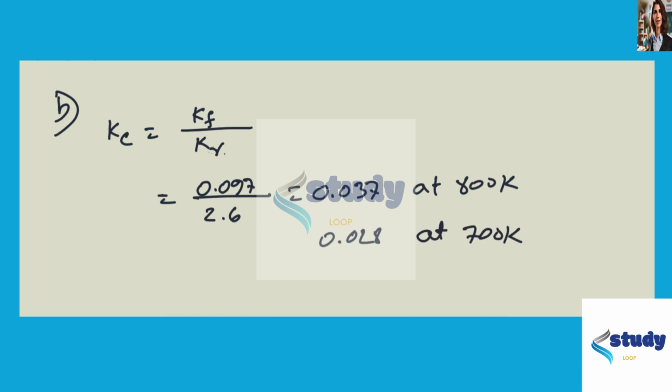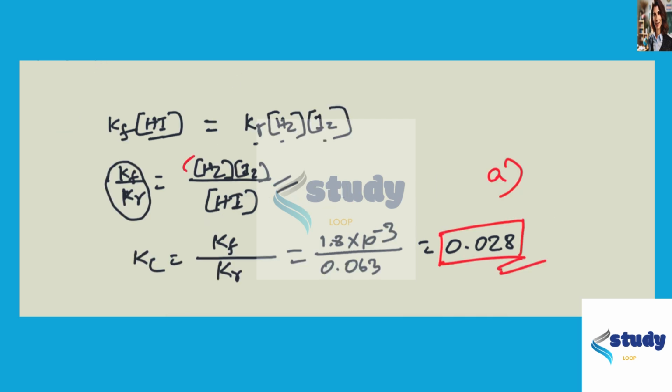That means from here you can see that increasing the temperature is increasing the value of Kc, and we know that if with increasing temperature the value of Kc increases, the concentration of products is increasing, since from the Kc expression we know that in the numerator we have the product concentration.